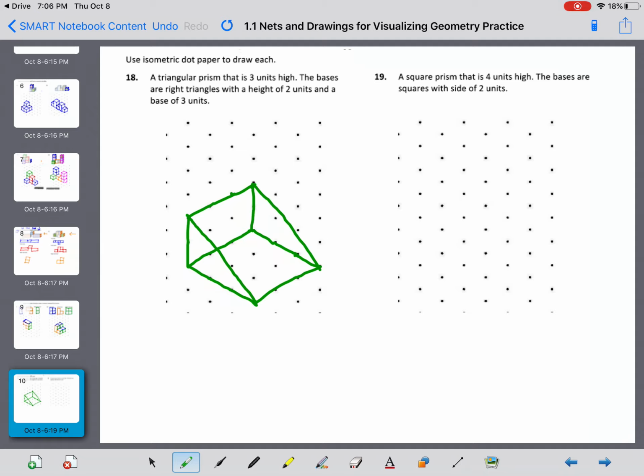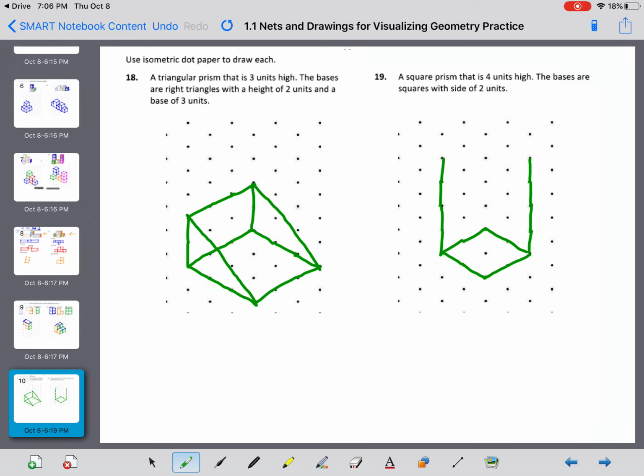Number 19 is a square prism that is 4 units high. The bases are squares with side units of 2. So let's start with the base of a square with a side unit of 2. 1, 2, 1, 2. Now, from the sides, right, it says the height is 4 units. 1, 2, 3, 4.